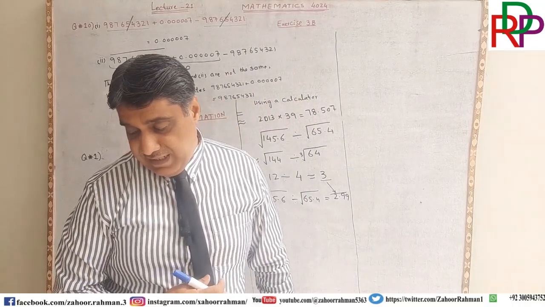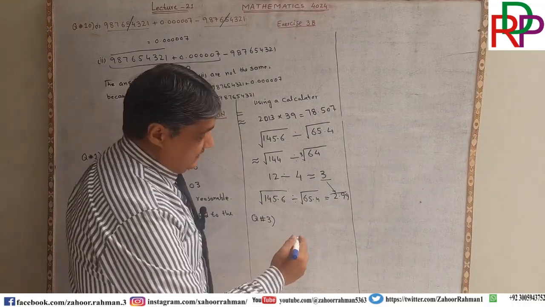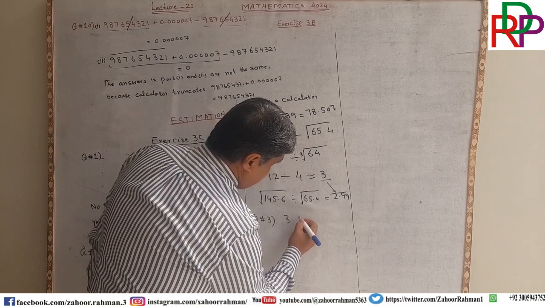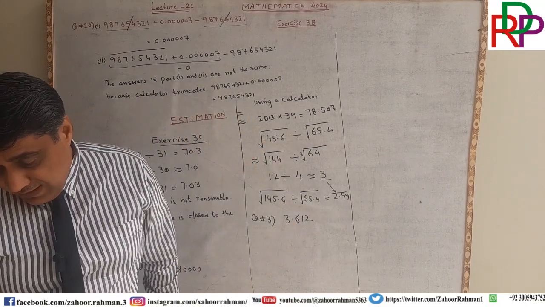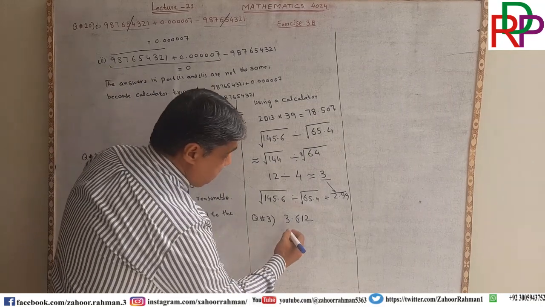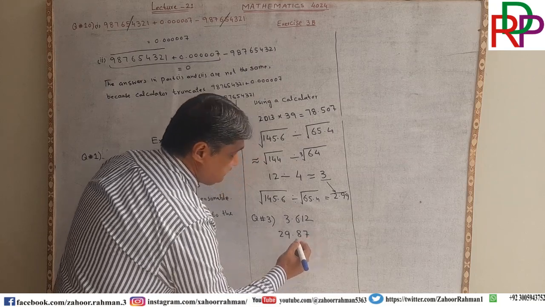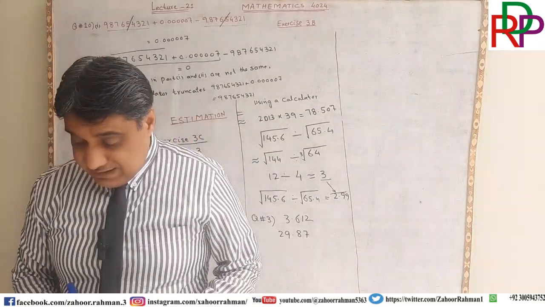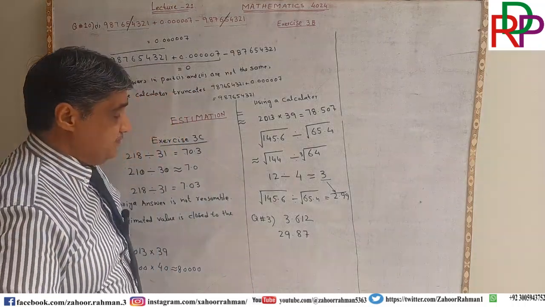One part is saying express 3.612 and 29.87 to two significant figures.